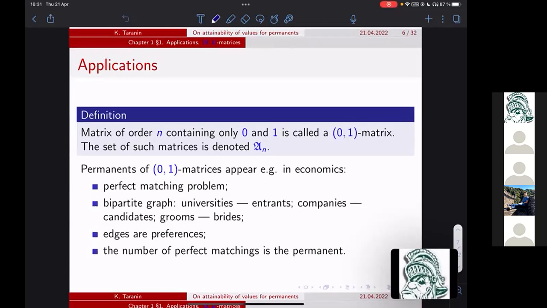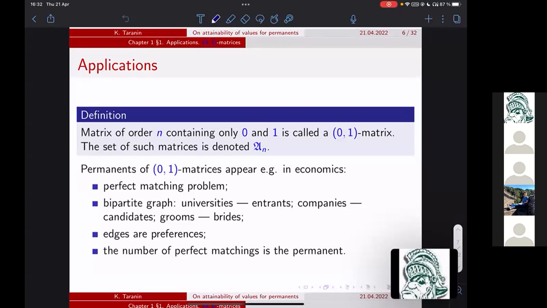So in these areas, like in matching theory, the general problem that is considered is the problem of matching, say, candidates and companies, or grooms and brides, universities and entrants.